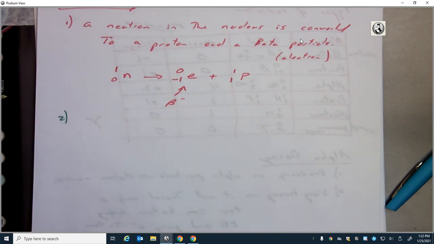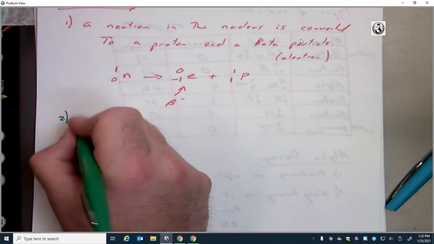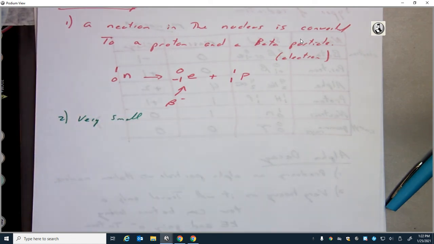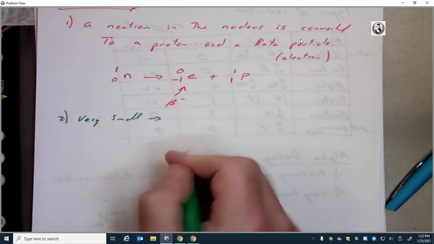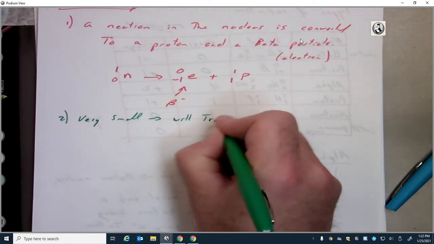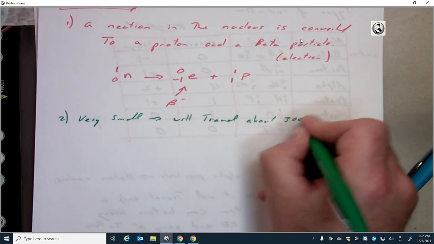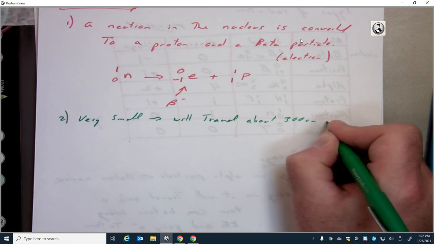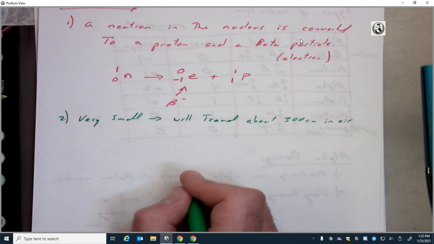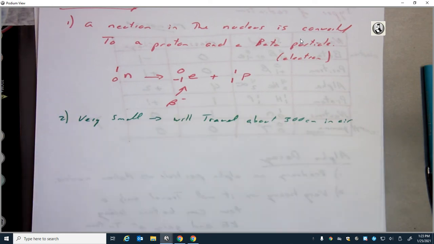So these guys, in comparison to our alpha particles, are very small. And these will travel about 300 centimeters in air. Quite a bit more than our alpha particles.